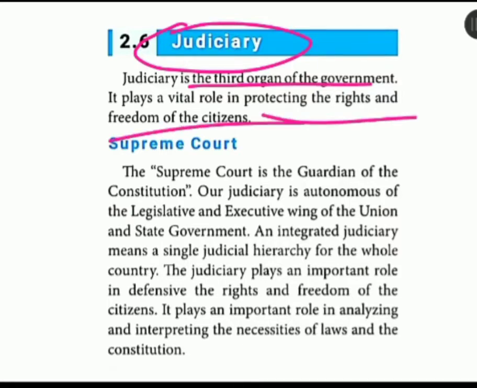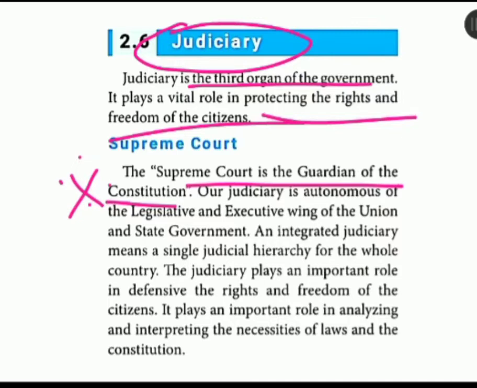So the Supreme Court, how do they consider it? It is the guardian of the constitution. This is the one word answer. The Supreme Court is the guardian of the constitution. Our Indian judiciary is autonomous. What does autonomous mean? It's independent.